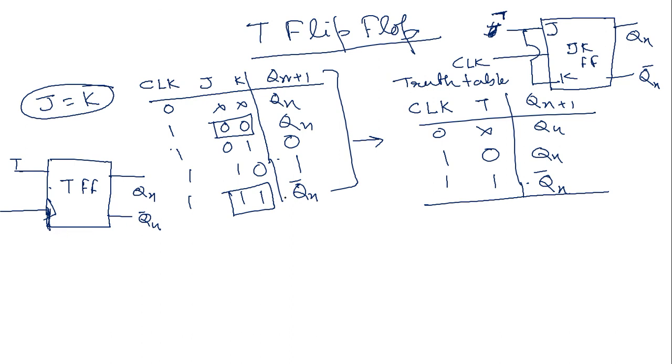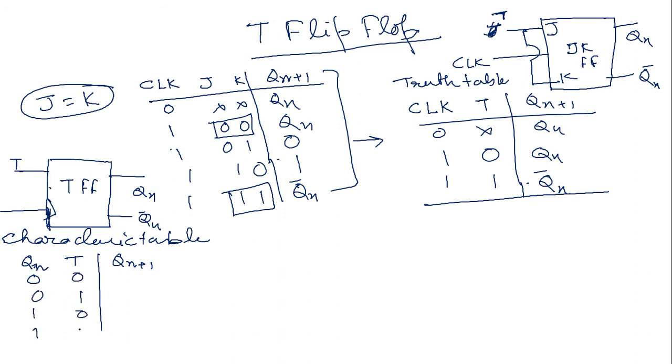From this truth table, I can write the characteristic table of this T flip-flop. The present state is Qn, and the columns are Qn, T, and Qn plus 1, with Qn as the MSB and T as the LSB: 0 0, 0 1, 1 0, 1 1.